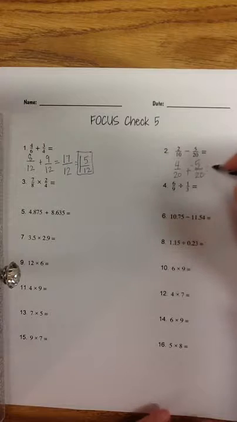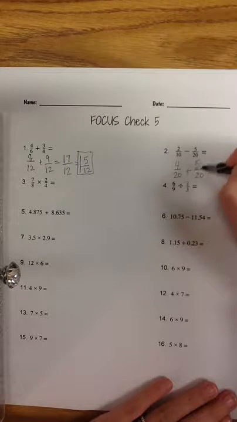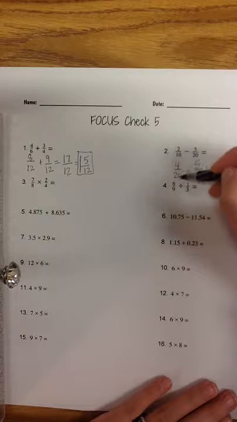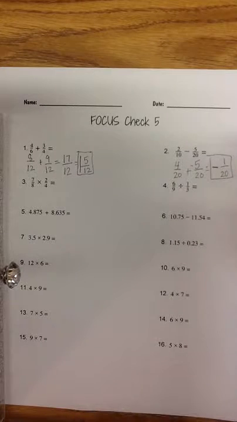And now we're going to subtract, keep the sign of the bigger number. So 5/20 is the bigger number, so we're going to keep that negative sign. And now subtract like normal. 5/20 minus 4/20 is 1/20. So negative 1/20.